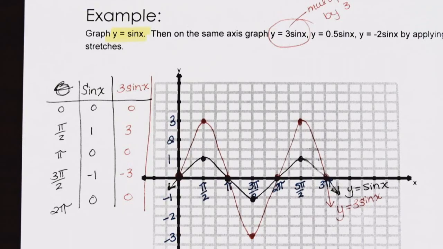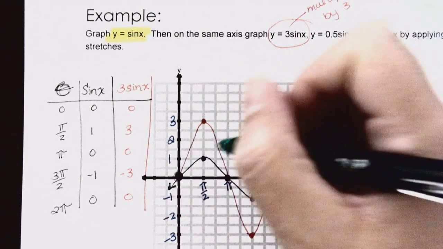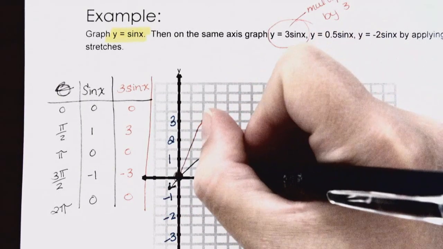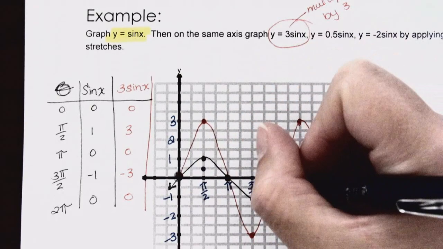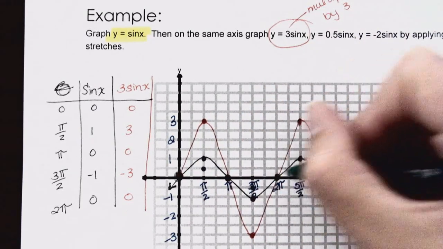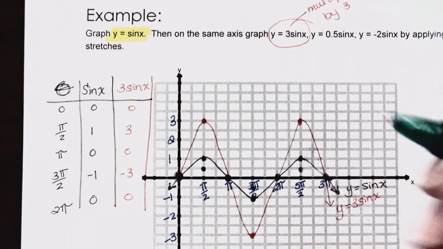Can we do the 0.5 sine x in our heads, or do we need a table of values? We can probably do it in our heads. So 0 stays the same. 1 now gets squished to a half. This gets squished to a -1/2. Then 1/2. 0.